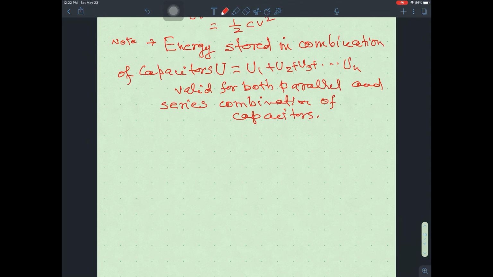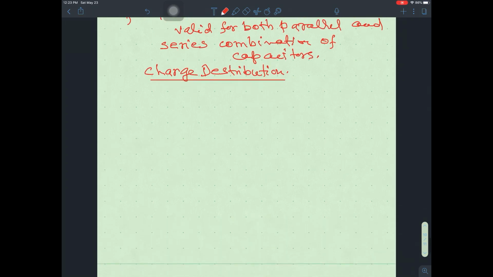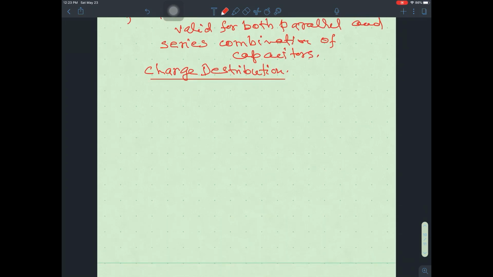So I would like to explain here the charge distribution. First I would like to explain what the charge distribution is.